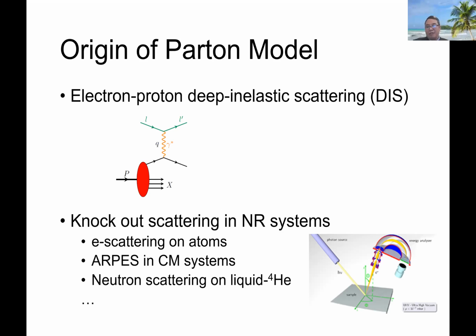It also happens in atomic or condensed matter systems, where basically you knock out an electron in a system. Nowadays, in condensed matter physics, you get ARPES technology, using photon beams to knock out electrons and look at the spectrum of electrons. People also do neutron scattering on liquid helium-4 to measure the momentum distributions.